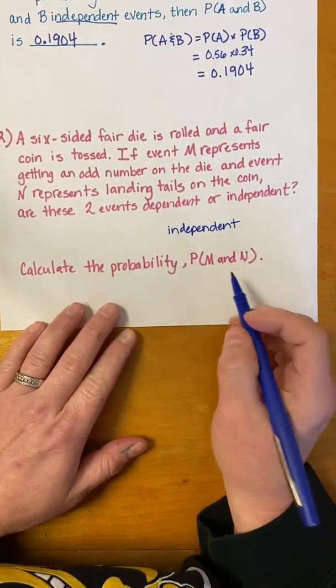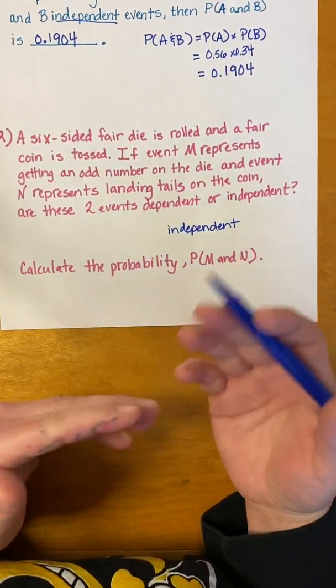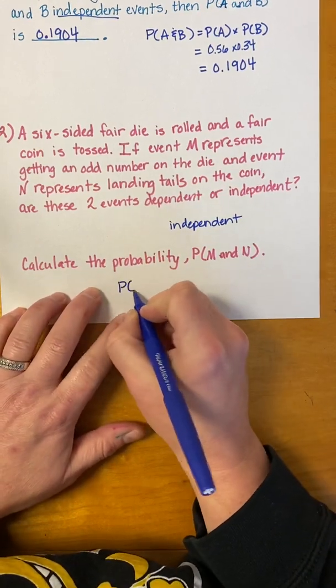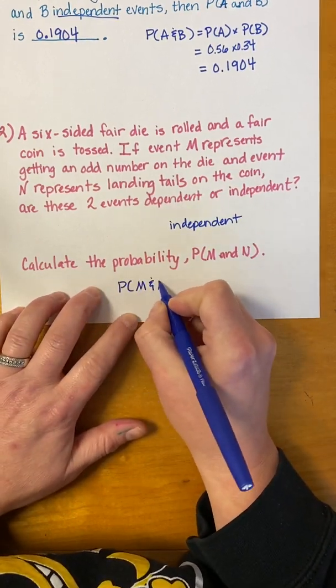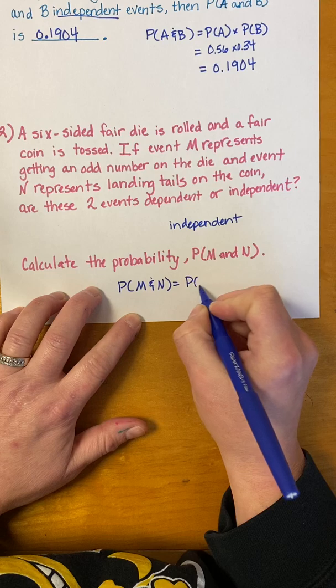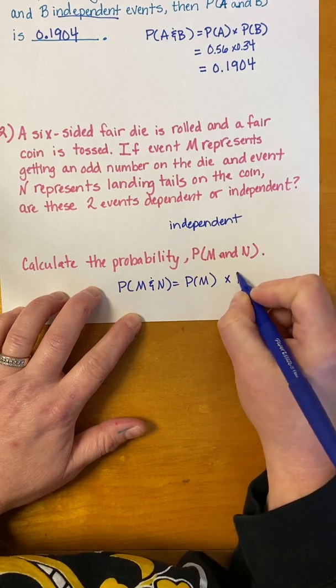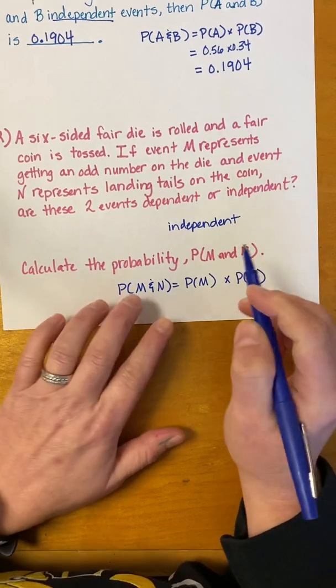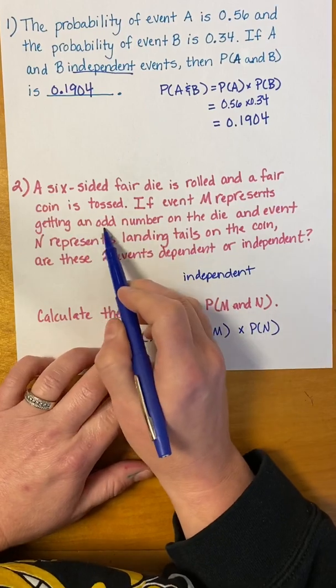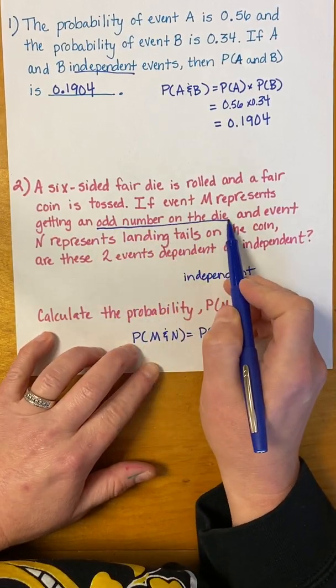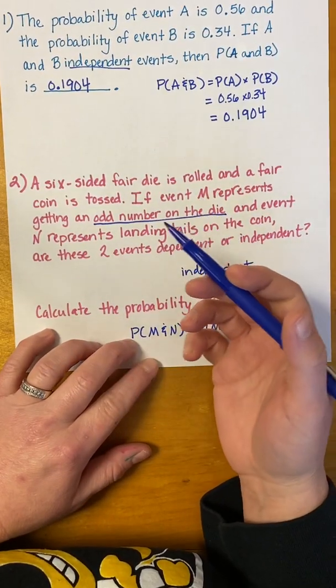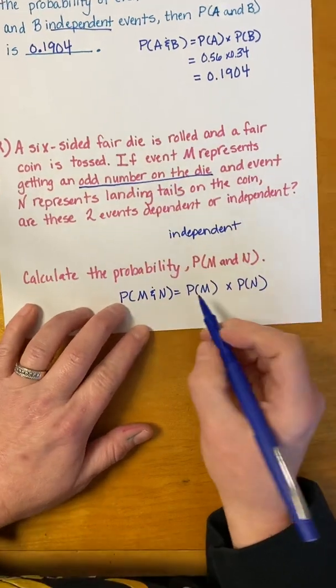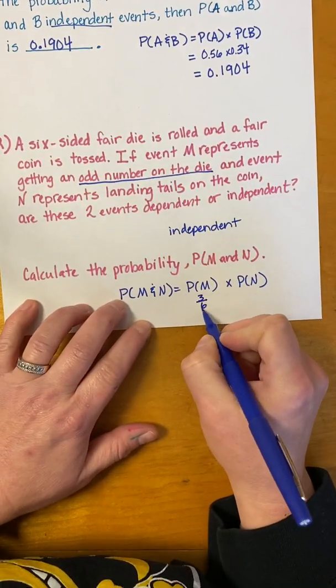All right, so now to calculate the probability, since they are independent, the probability of M and N will be equal to the probability of M times the probability of N. So the chances of me getting an odd number when I roll a die, so it's 1 through 6, half of them are odd, so that would be 3 out of 6 or a half.